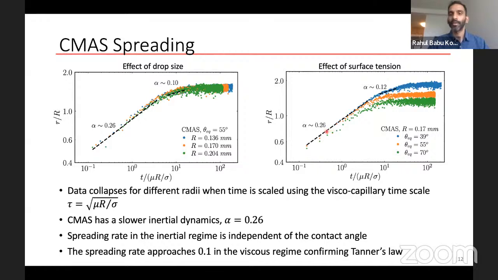I should say it's pretty close to 0.26 for all these three curves. It's between 0.26 and 0.275. So clearly the spreading is independent of the drop size or the equilibrium contact angle, especially in the inertial regime.